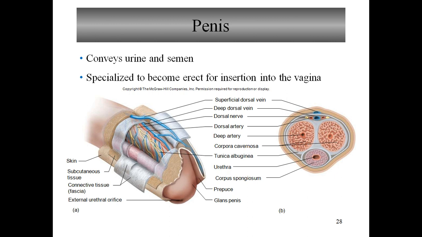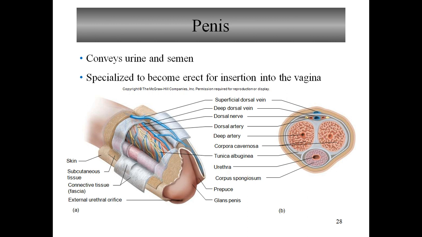The corpora cavernosa is a paired column of erectile tissue, dorsally located. If you take a section in this diagram, it will look like this. So this pair of corpora cavernosa is a column of erectile tissue which is dorsally located.